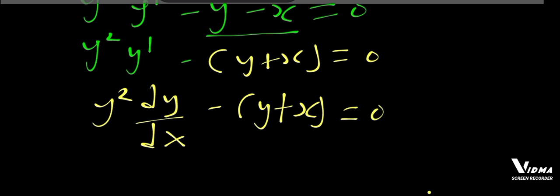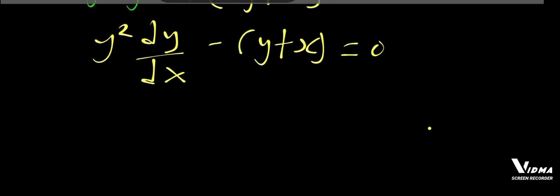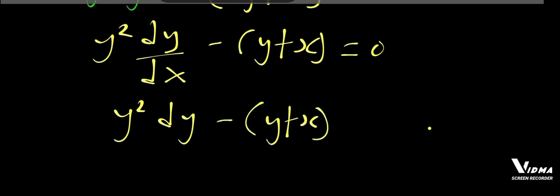Okay. And this is just change of subject. So we are going to multiply through by dx. And in so doing, we have y square dy minus y plus x dx being equal to 0. Are we there?